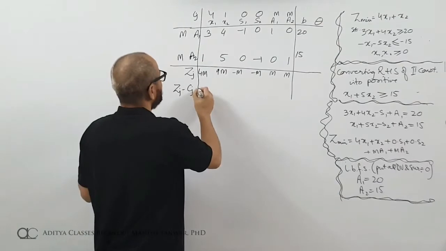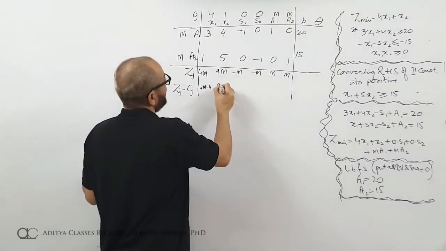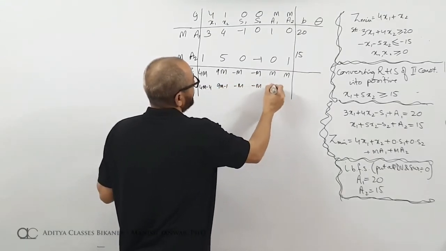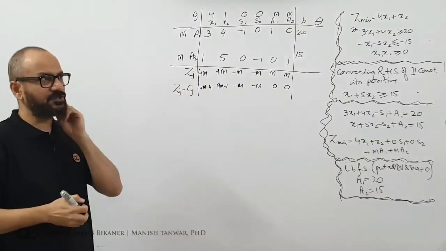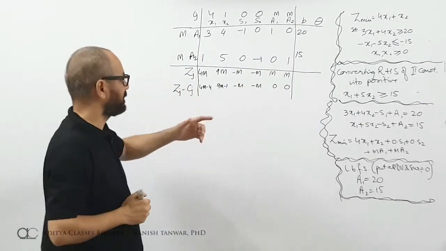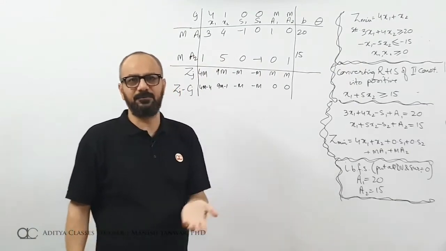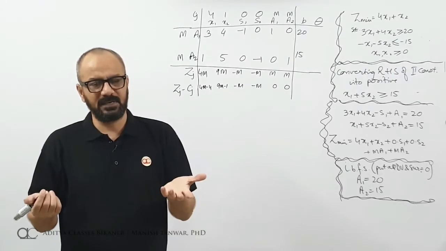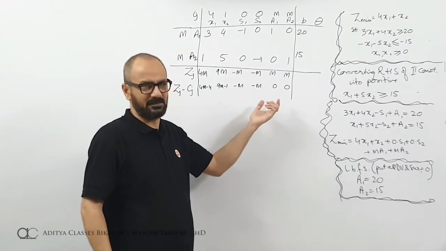What will be my first Zj minus Cj? It will be 4M minus 4. Next would be 9M minus 1. Next would be minus M, and M minus M would be 0, 0. Because this is our first question ever about greater than and minimization, let us talk about everything. These two are 0. No issues. They will neither improve my solution nor make it worse.